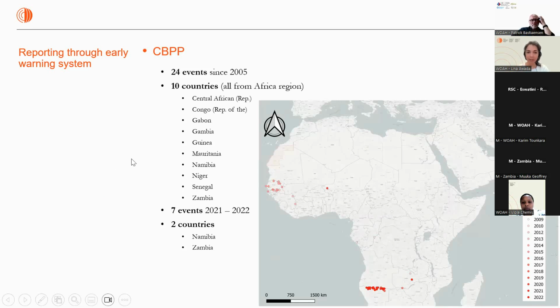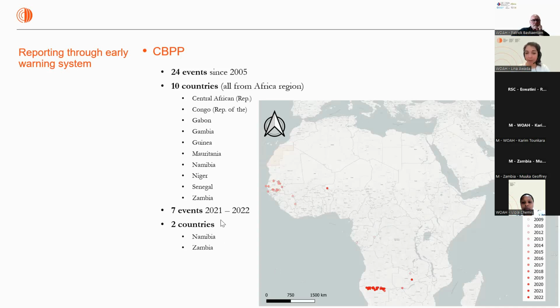You have the list here: Central African Republic, Republic of the Congo, Gabon, Gambia, Guinea, Mauritania, Namibia, Niger, Senegal, and Zambia. And you have the outbreaks reported through these alerts on the map. So some in West Africa, as you can see, and the others in Southern Africa.